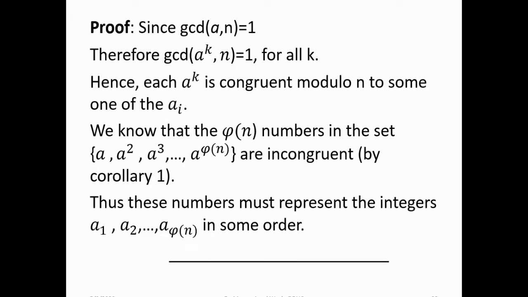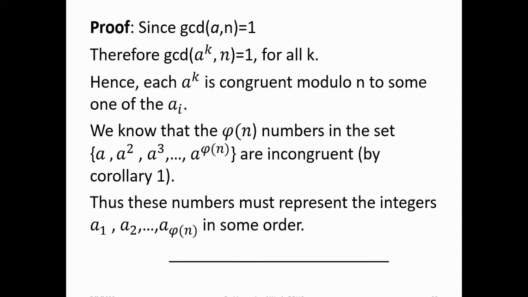So if a to the power k is relatively prime to n, that means a to the power k is congruent to some one of the ai. Now we know that the phi n numbers in the set a, a squared, a cubed, up to a to the power phi n are incongruent. By corollary 1, we have already seen that these powers of a are incongruent. Thus these numbers must represent the integers a1, a2, ..., a phi n in some order.